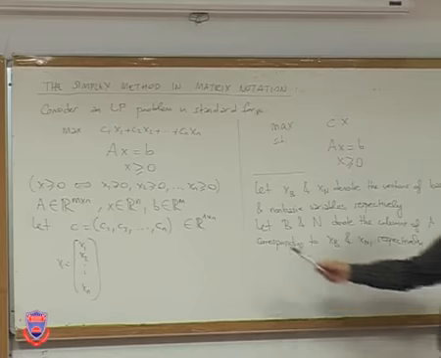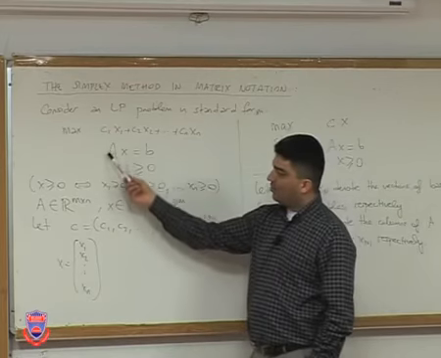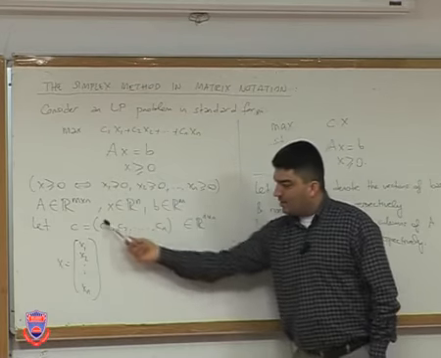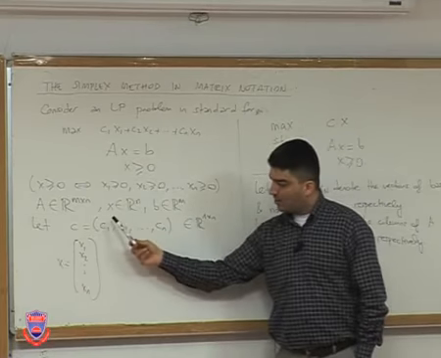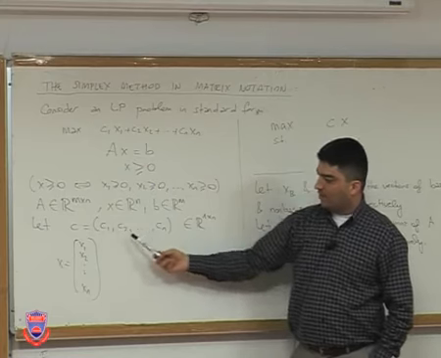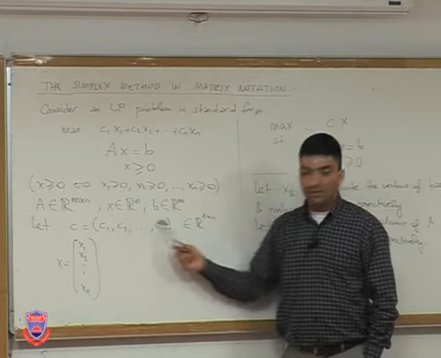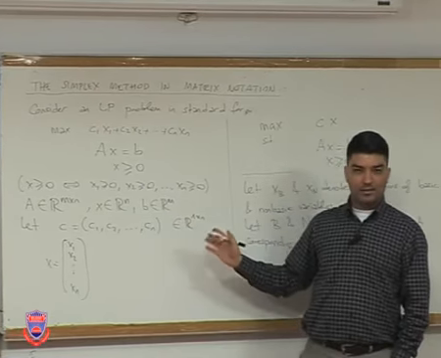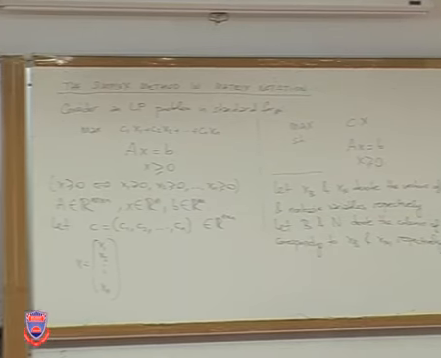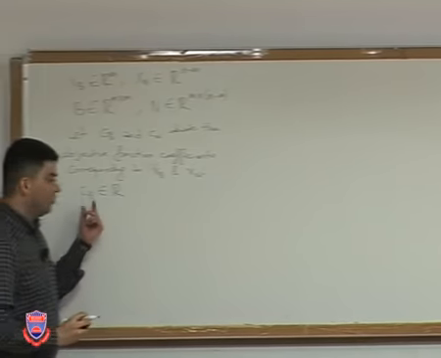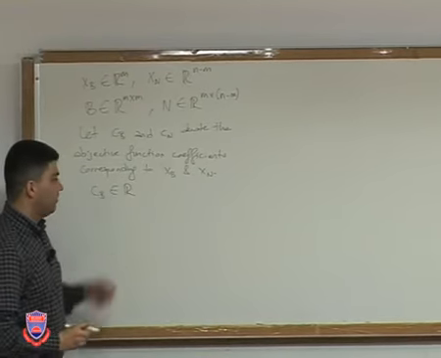So just like I decompose my matrix A, I divide it into two, I'm also dividing my C vector into two as well. For CB, I'll just take the entries corresponding to my basic variables, and for CN, I'm going to take the entries corresponding to non-basic variables. Is that clear? All right, what are the dimensions of CB and CN? So how many coefficients will there be in the vector CB?